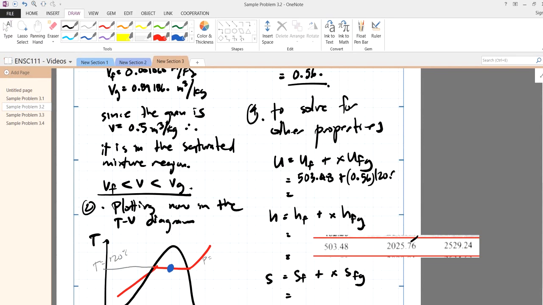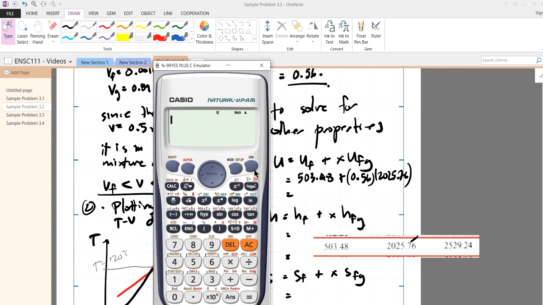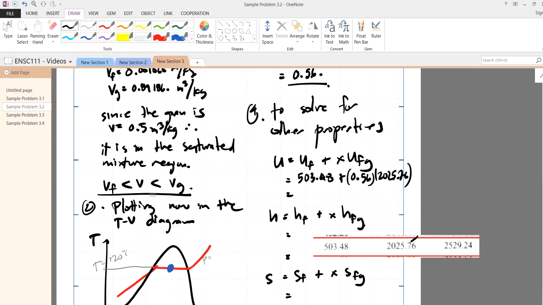So u is 503.48 plus 0.56 times 2025.76. This is equal to 1,637.9. The unit is kilojoules per kilogram.